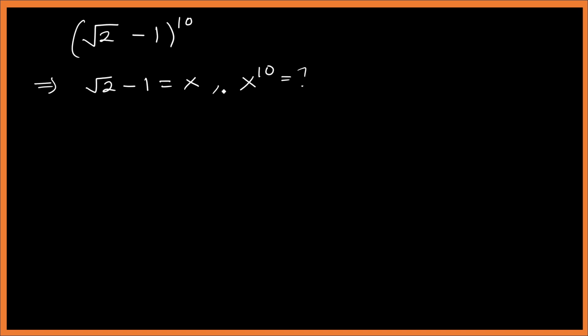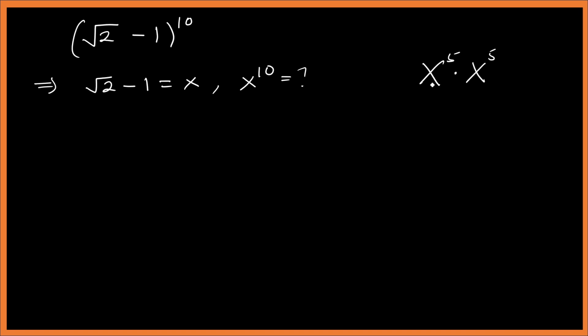Now looking at x to the power 10, we want to see if we can get a product of, let's say, x to the power 5 times x to the power 5.